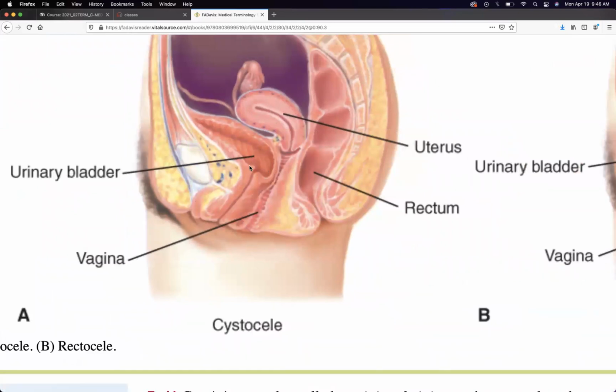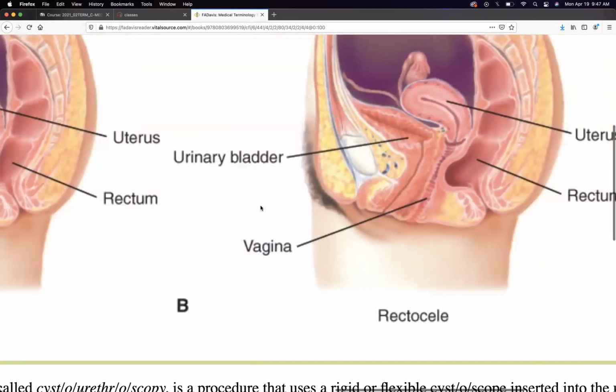You have a cystocele. This is your cyst or your urinary bladder in this female patient. And you see how it's sagging or prolapsing to the point where it's blocking the vaginal tube. Okay. And then we need to see things like that, especially if mommy had a lot of children. All of this starts to collapse.